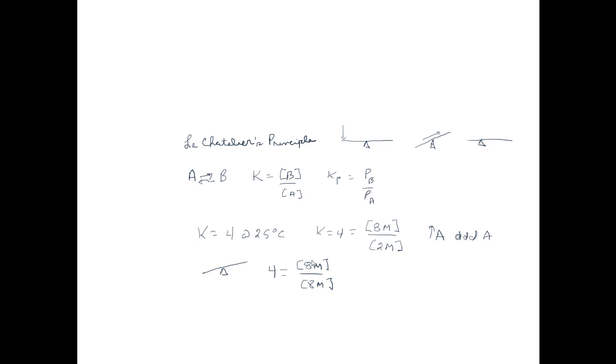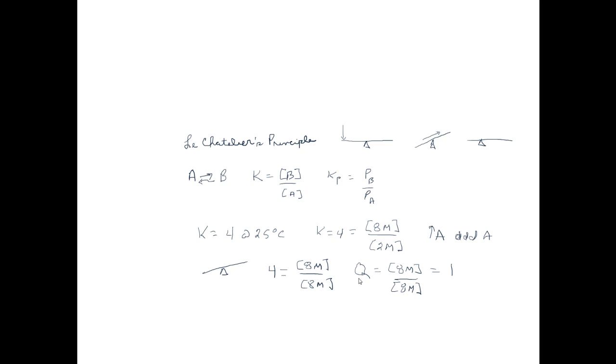Now, once we've changed this, it is no longer the equilibrium, right? So what we have to do is bring in a new term called the reaction quotient, which is Q. The reaction quotient is used when we're dealing with non-equilibrium conditions. So what we have here is the 8 molar that we originally had of B, but now we have the 8 molar concentration of A, and so Q is equal to 1.